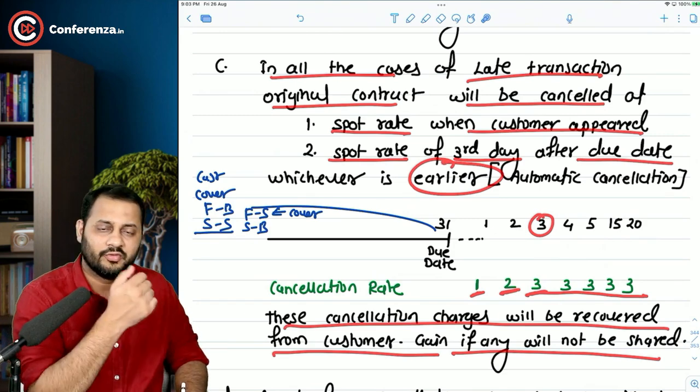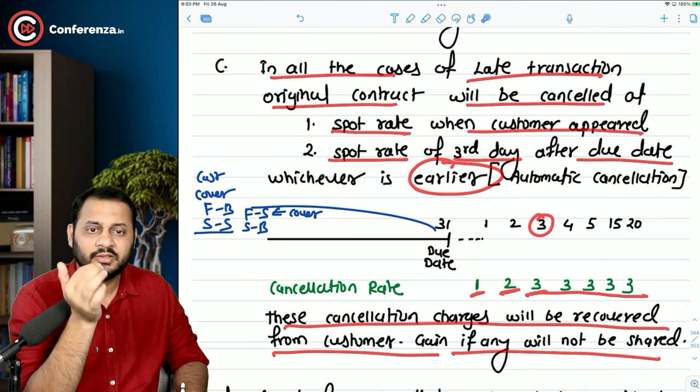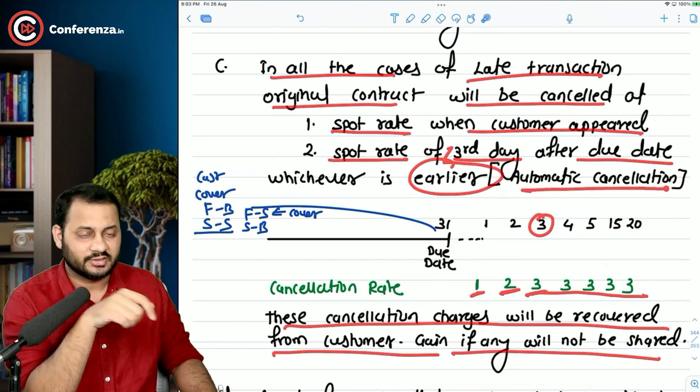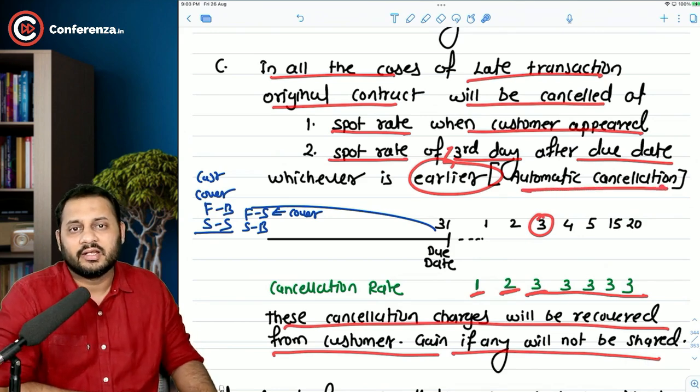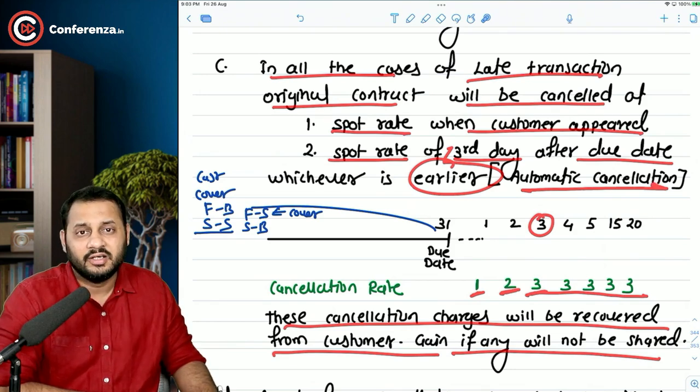So if you appear on the first or second day, that day's rate will be applicable, and from the third day onwards only the third day's rate will be applicable to cancel. This is called automatic cancellation. Only a 3-day grace period is given to you if you want to close the contract. But after that, automatically it will get cancelled at the third day's rate.